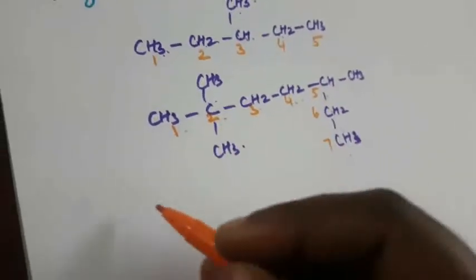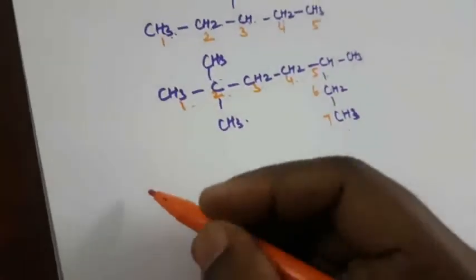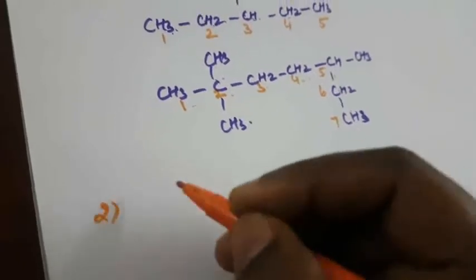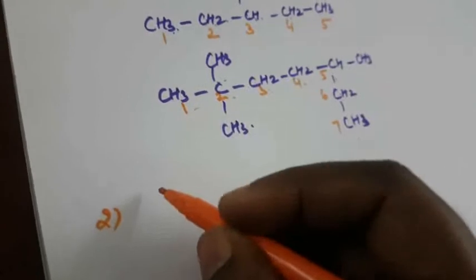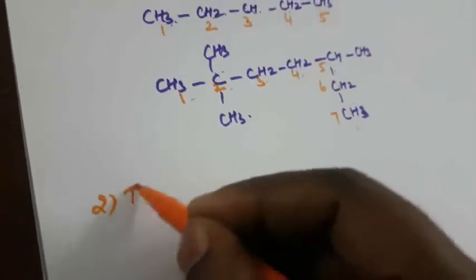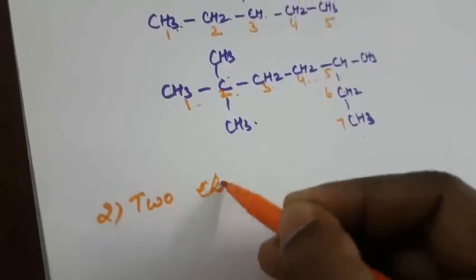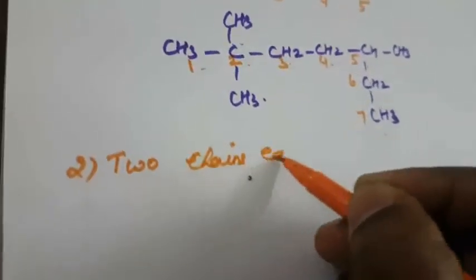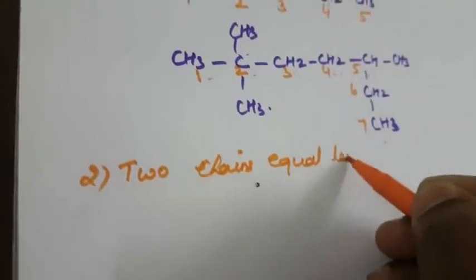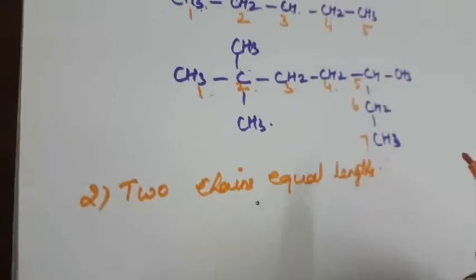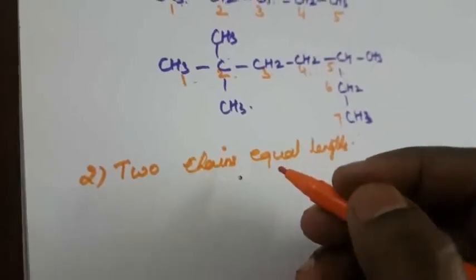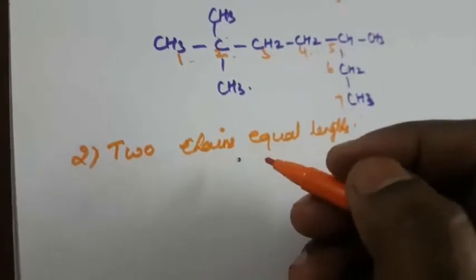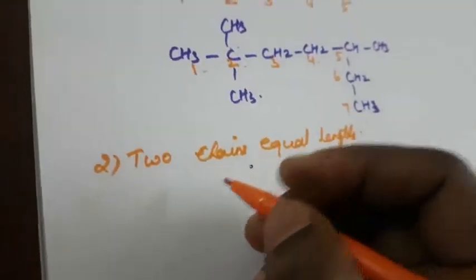What is the second rule? Suppose two chains are of equal length, both chains are equal, then choose the chain with the maximum number of substituents. Whichever side has the maximum number of substituents, you give priority to that side.